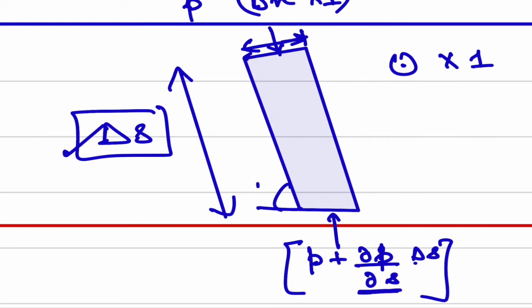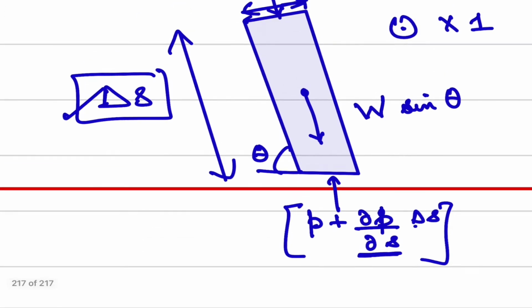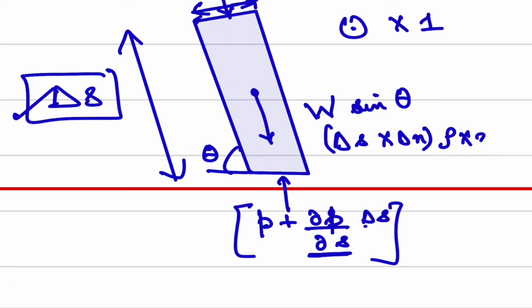And if this angle of inclination is theta, then the weight component that would be acting in the downward direction is going to be W sine theta, and W is going to be the volume of this particular element, which in this case is equal to delta S times delta N times rho into g.